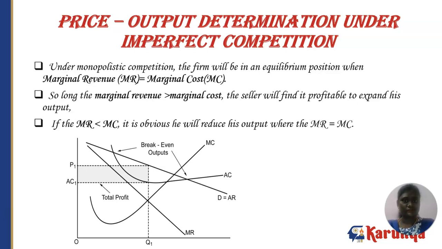As long as marginal revenue is greater than marginal cost, the seller will find it profitable to expand output. If marginal revenue is less than marginal cost, then the output will start reducing. So you have to make sure that marginal cost is equal to your marginal revenue.